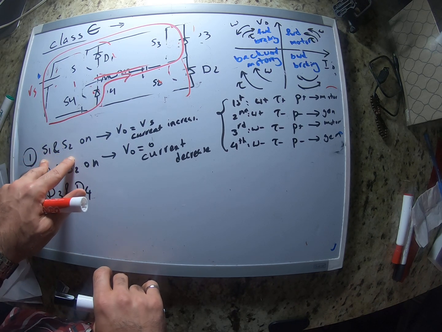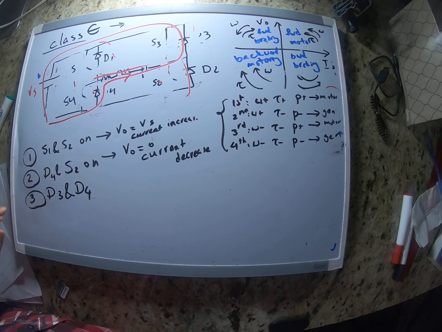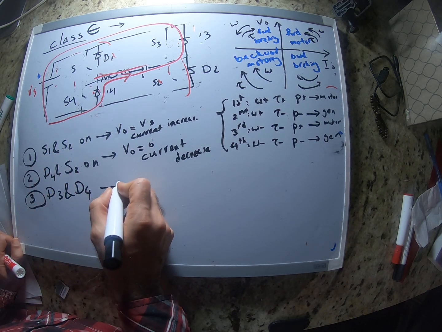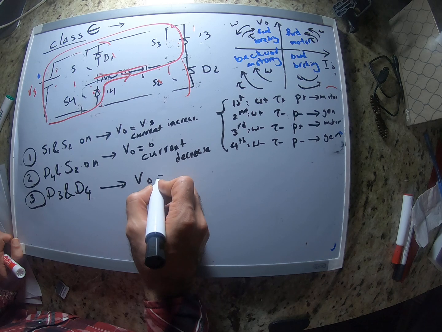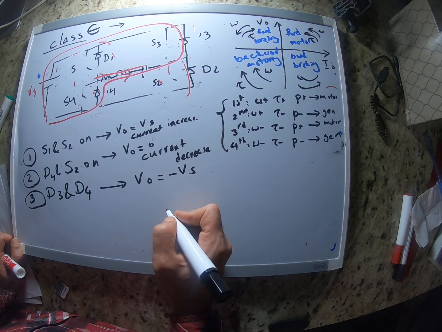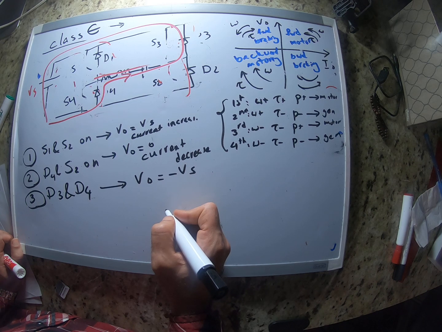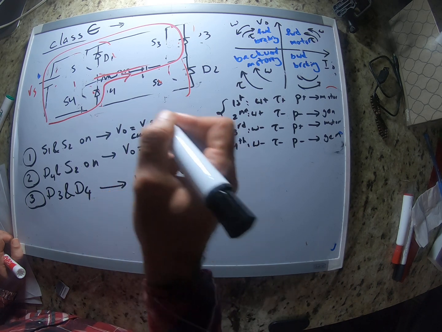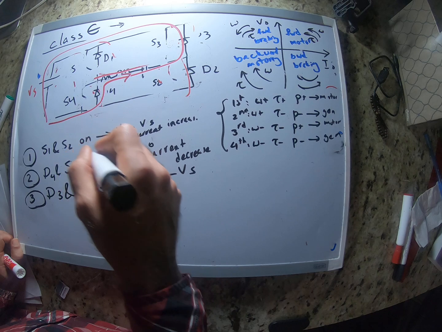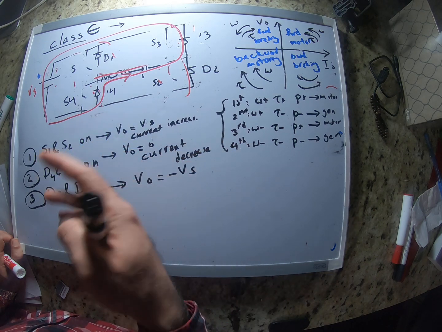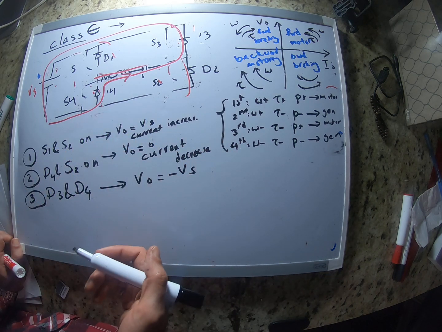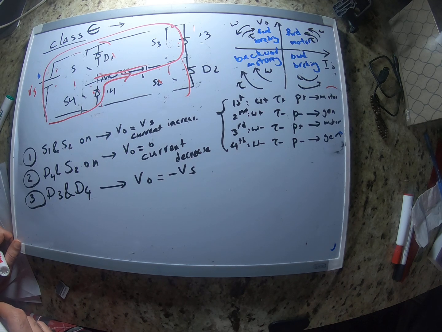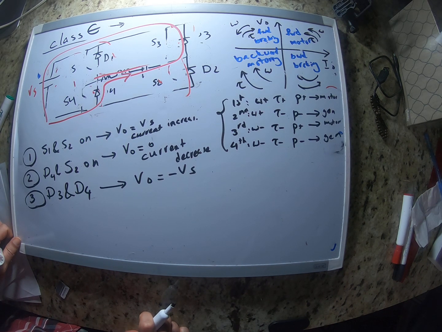One of them might go off or on before the other one. So in this case, VO becomes equal to negative Vs. What happens to the current? Current is still going to decrease, but it basically increases negatively.